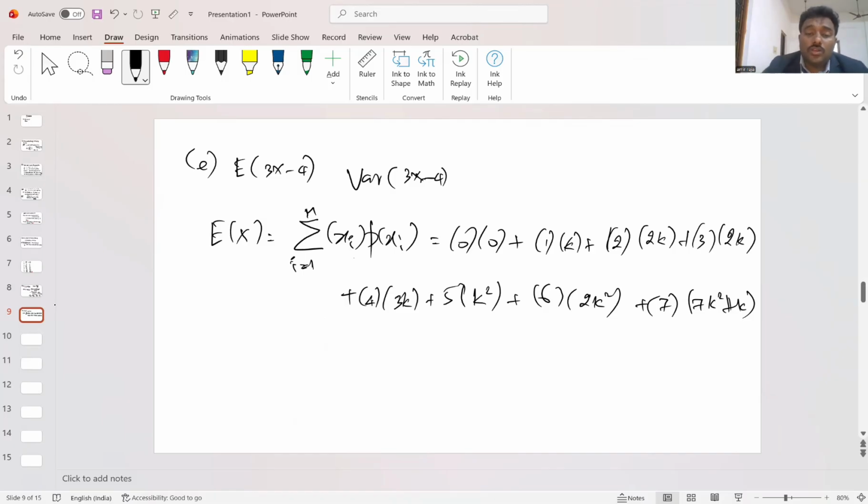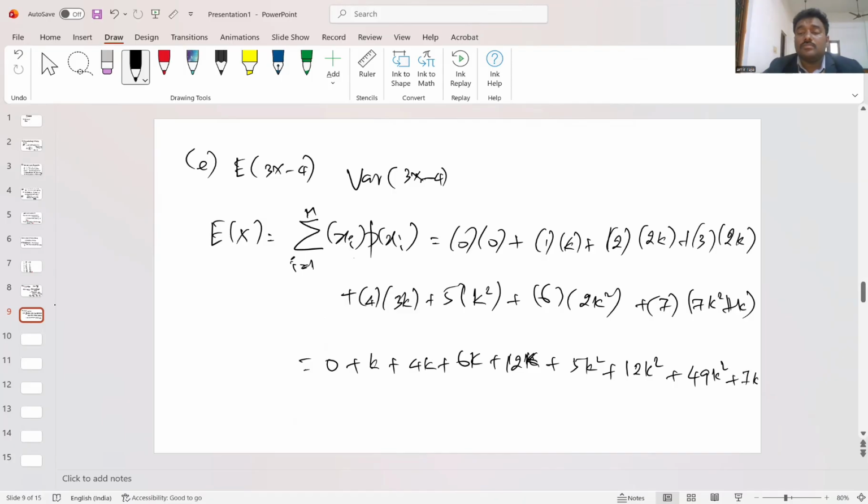Now if you add, it will become 0, k, 4k, 6k, and then 12k, and then 5k square, 12k square, plus the rest. You add all the k squares here, so it is going to be 54 and 66 k square.